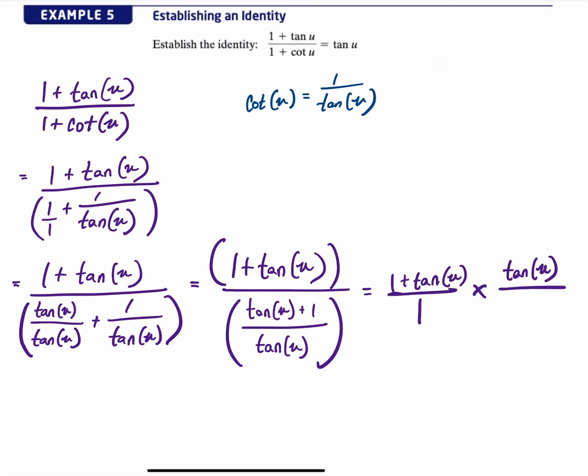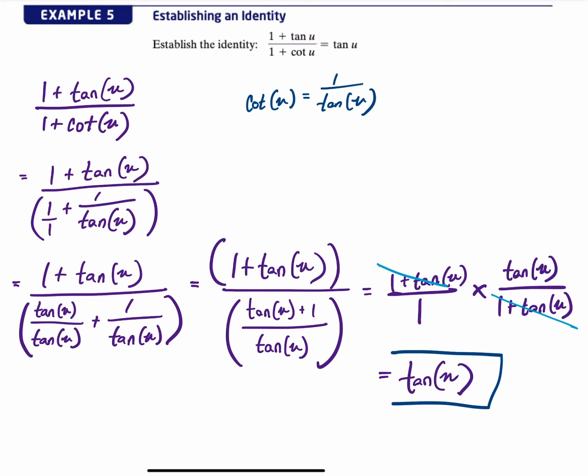And then our denominator will be tangent u plus 1, but I can also write that as 1 plus tangent of u. So notice these two are the same. They're going to cancel, and we'll just get the tangent left over. And that's our right-hand side. That's what we're trying to work towards. We wanted to show that this expression is ultimately equal to the tangent of u.